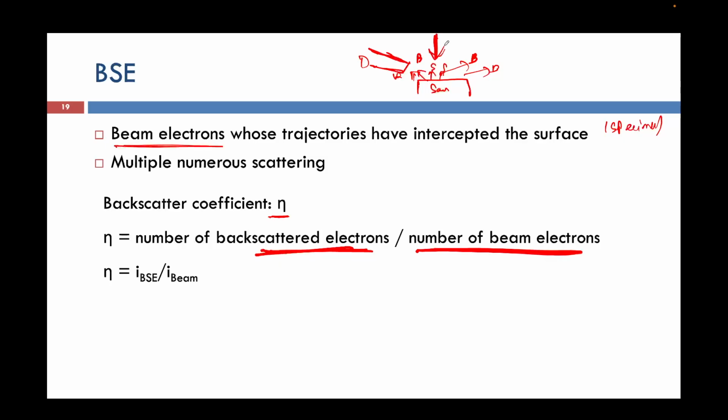Since these backscattered electrons are charged particles, we can also write this as current, because these are negatively charged particles, electrons. So I_BSE is the current corresponding to the backscattered electrons coming from the specimen. This I_beam is the beam current injected into the specimen, right? These are the two terms you have to remember.